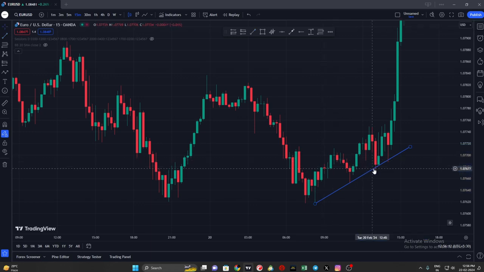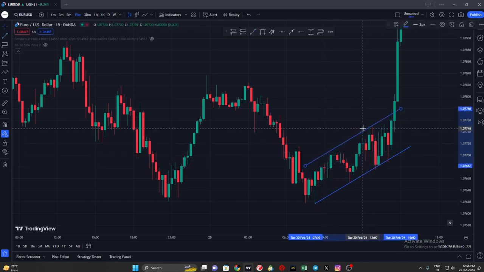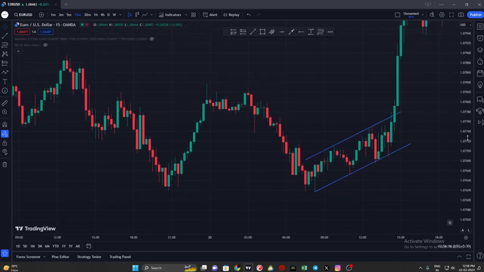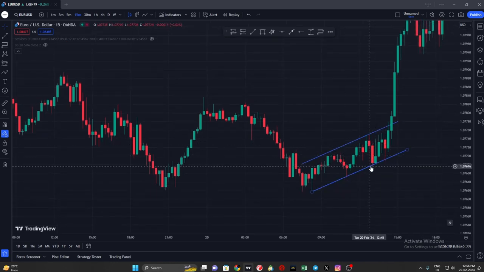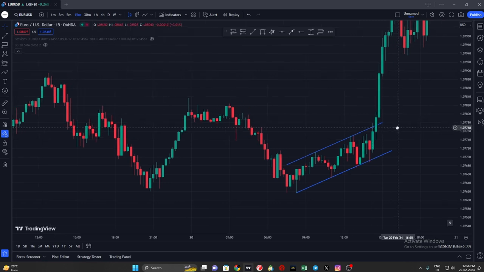Okay, let me just copy this line, and yeah, so you can see that price made a good base here. But what happened is price, instead of making another drop, it made a breakout in the upward direction. So what does that mean? This means that we have a strong bullish momentum, and price is somewhat forming a drop base rally setup.